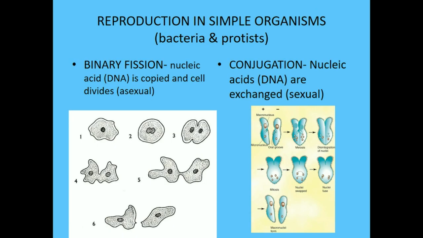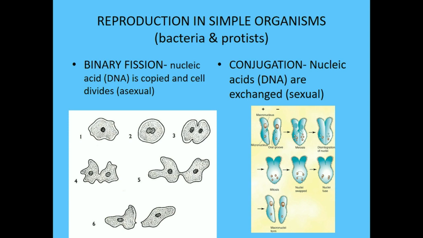Okay, so this is important for both bacteria and protists. They have two ways they really reproduce. They can reproduce asexually, which means they basically make a clone of themselves through what we call binary fission. It's a lot like mitosis, but a little bit simpler. And then conjugation is their form of sexual reproduction.